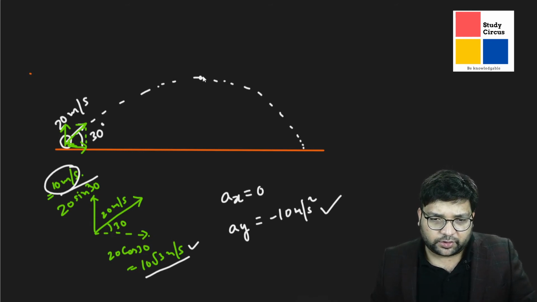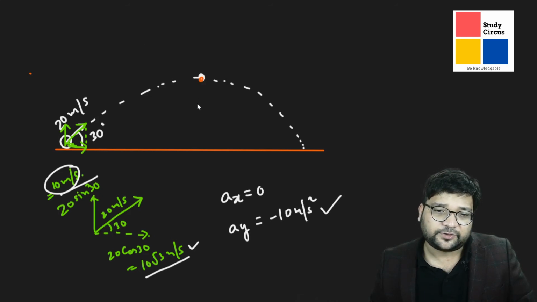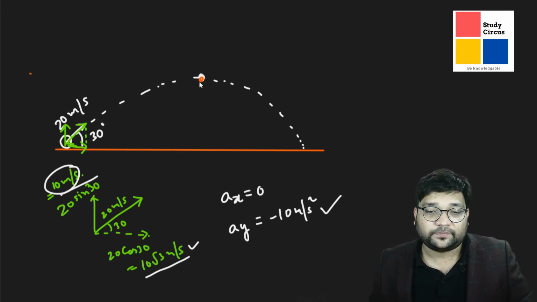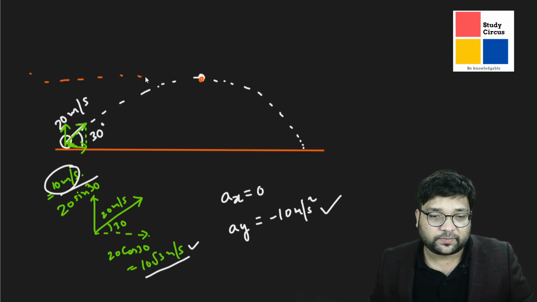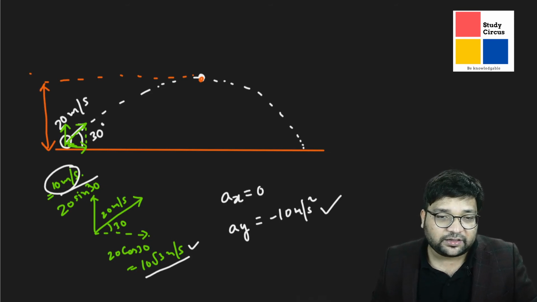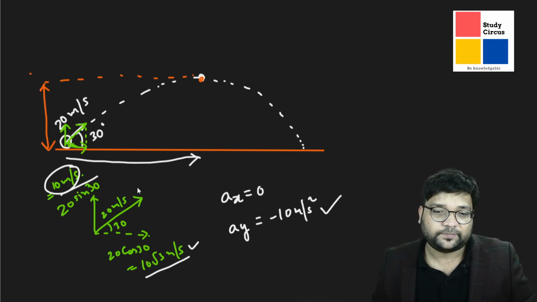So now let's talk about this point. This point is the highest point. So what has been the displacement in the y direction? This much, the maximum height, okay, is the displacement in the y direction. What has been the displacement in the x direction? This much, okay.